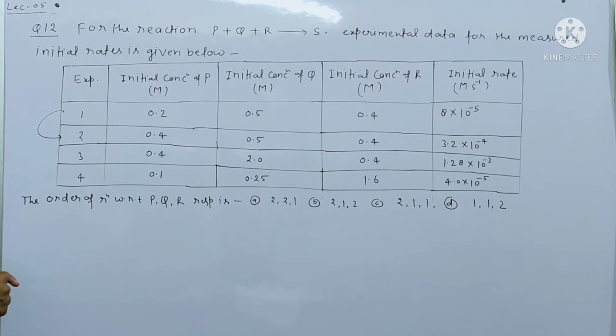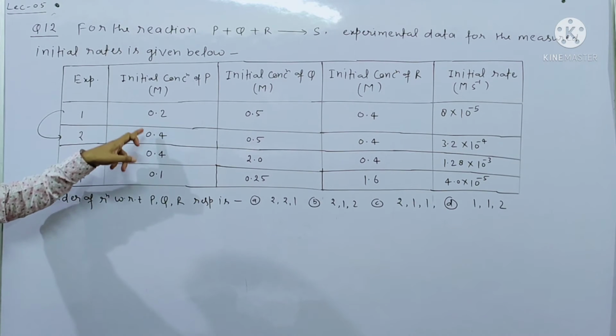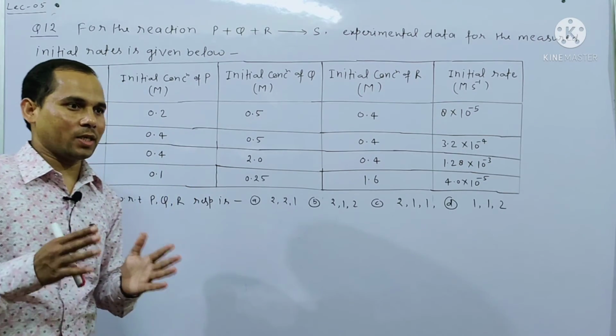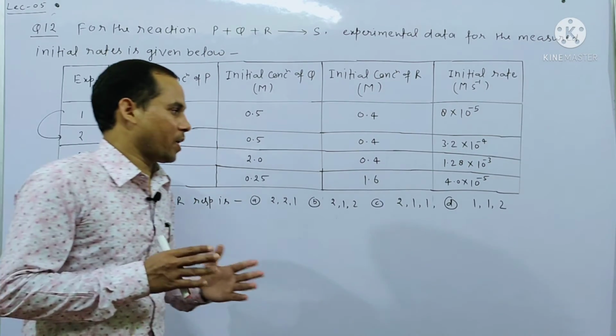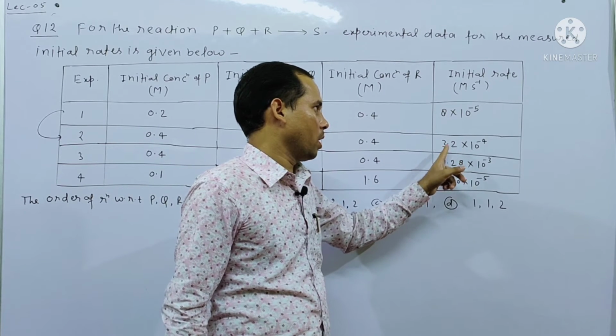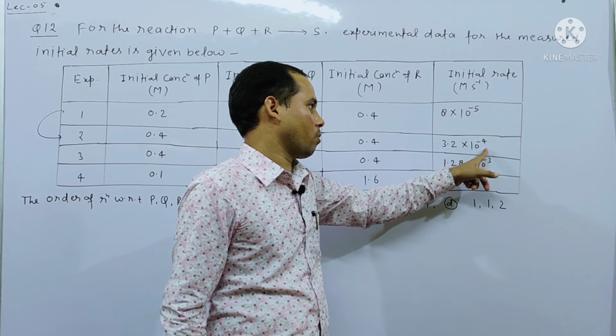So you can clearly see, if we change the concentration from 0.2 to 0.4, on doubling the concentration of reactant, what is the effect on the rate of reaction? 8 4 is 32, 3.2 times 10 to the power minus 4.